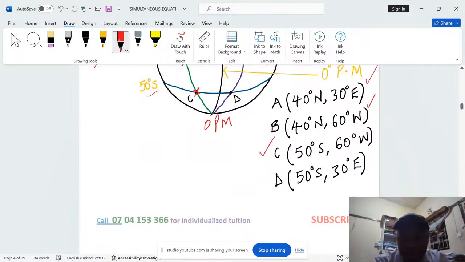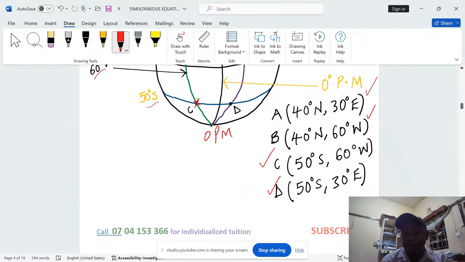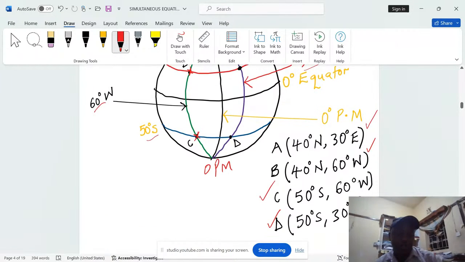Therefore, now we have the position of D also described. It is easy to describe the position of a place because you just need to identify the intersection of the latitude and the longitude. Then you know the location of the place.